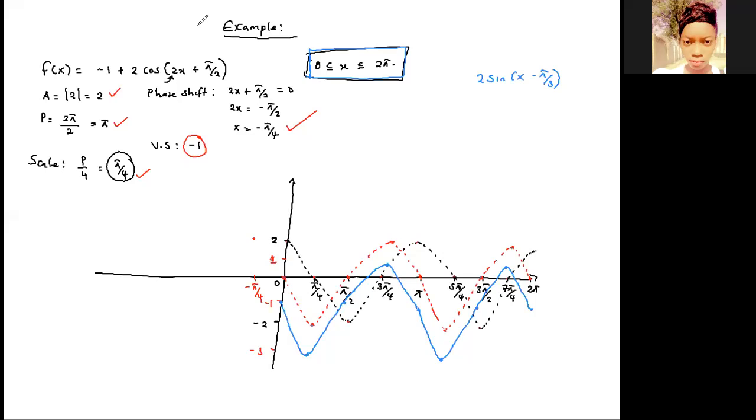Sine starts at 0, cos starts at 1, and then their graphs go up, not down. Cos goes down, sine goes up. But here I understand because it's coming from 2 to -2. How does cos start from 1 and go up to where? There's nowhere to go. So it must come down.